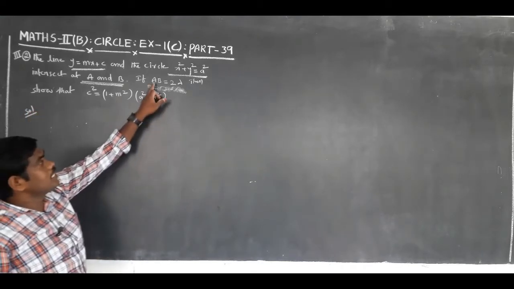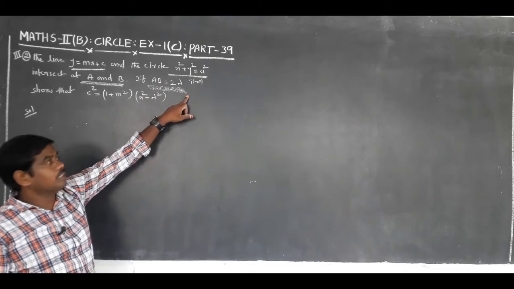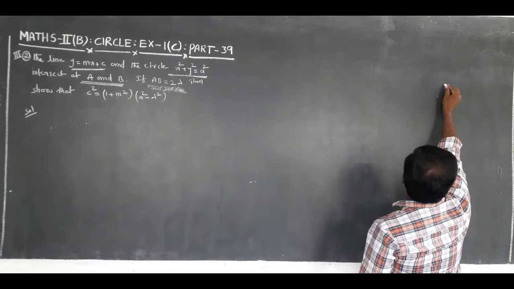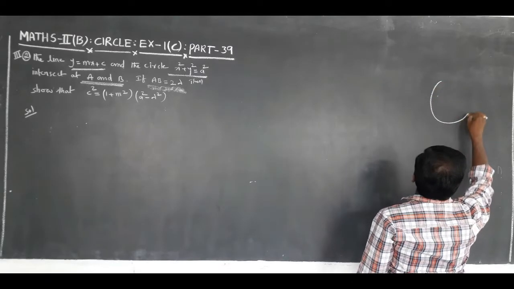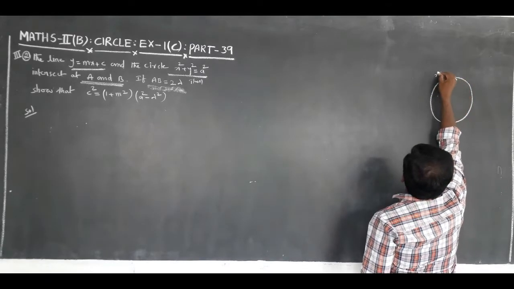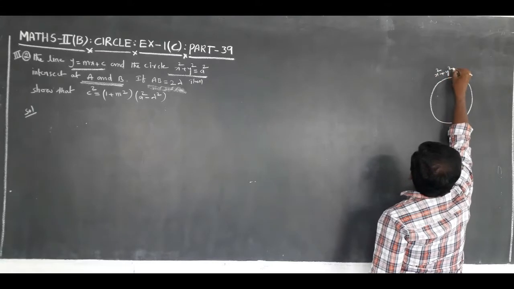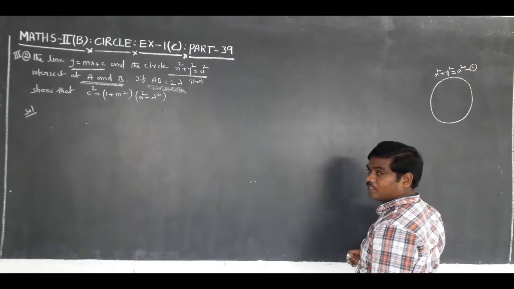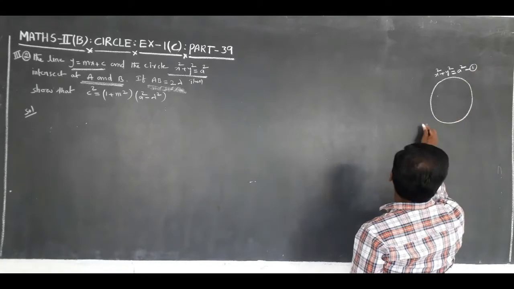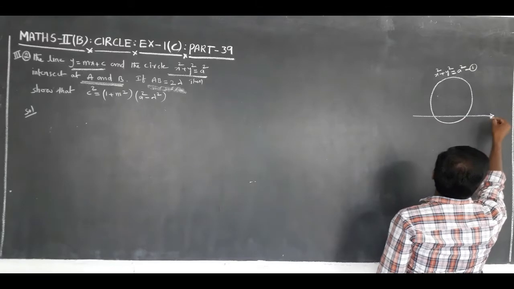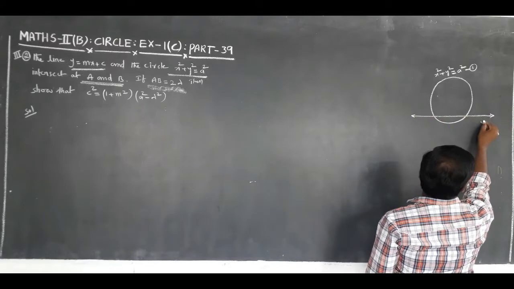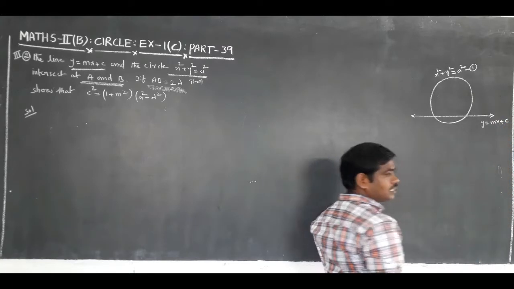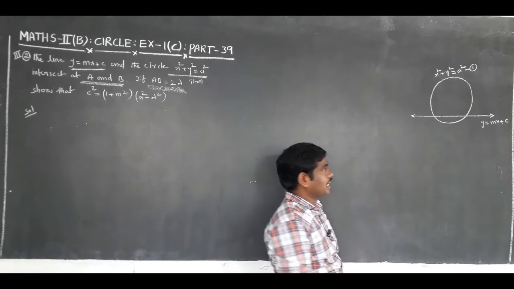Here AB is equal to 2 lambda. AB means the length of the chord. This is the circle. x square plus y square is equal to a square is the given circle, and y is equal to mx plus c is the given straight line.